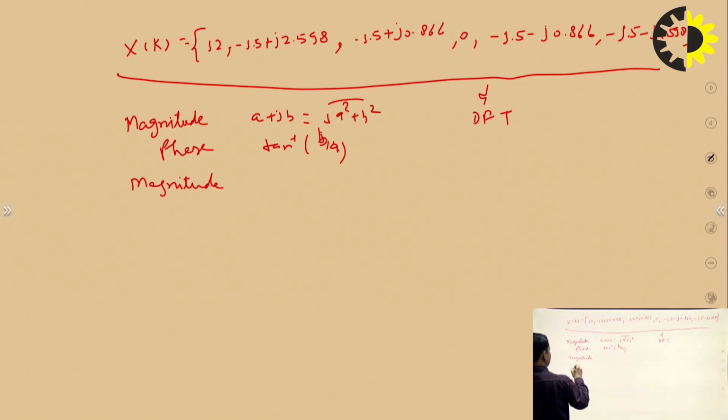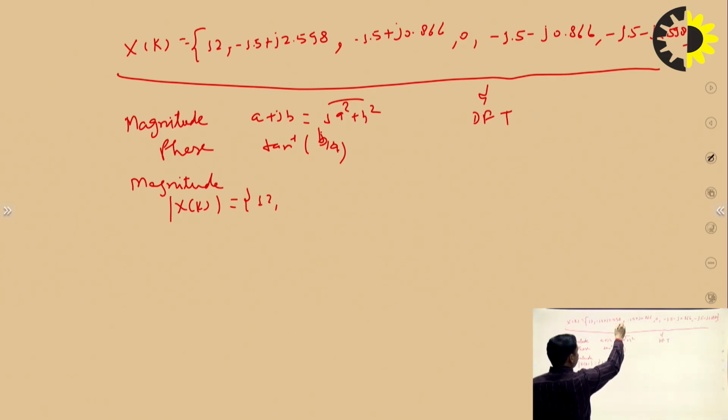So the magnitude of this X of k will come out as 12, then square root of 1.5 square plus 2.598 square. When we solve it, it comes out 2.999.